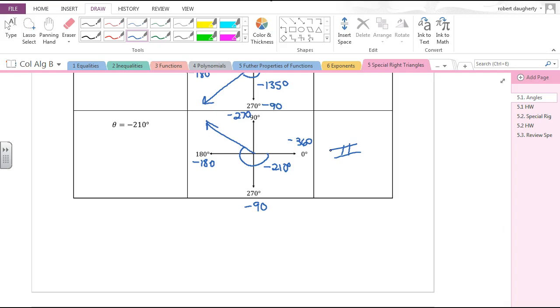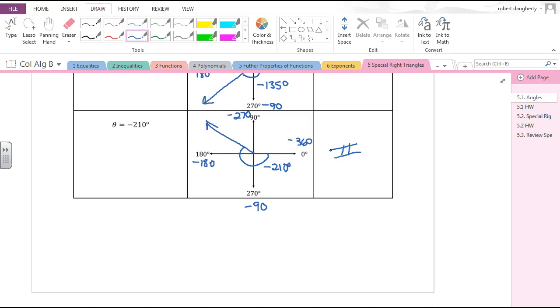Okay, pretty straightforward. Have you seen this before or no? Okay, just wasn't sure how far you went with this in geometry. So the big things: we always start with our angles. 0 is this side of the x-axis. If I'm measuring positive angles, I go counterclockwise. Negative angles, I go clockwise.